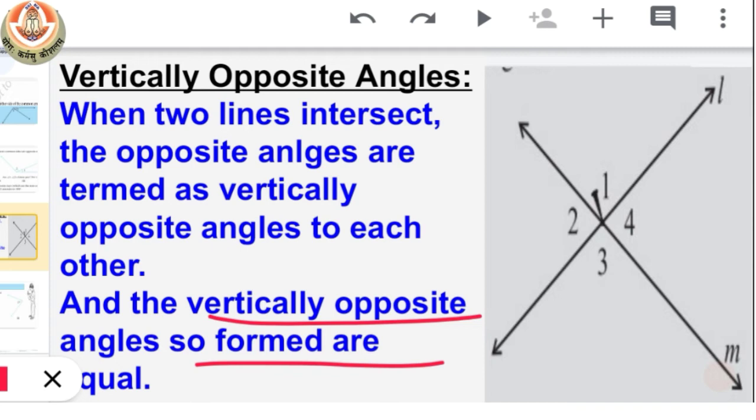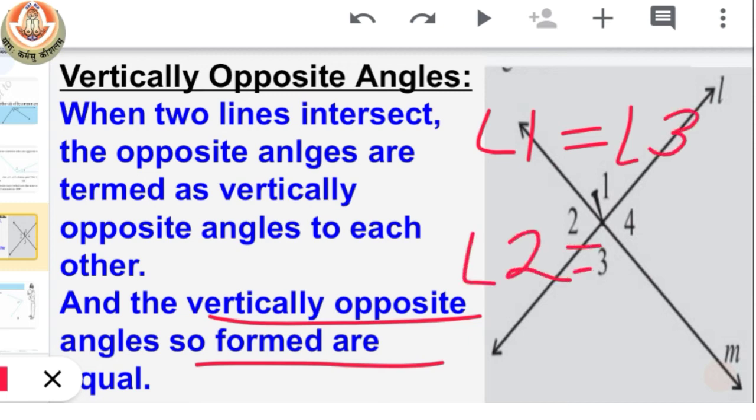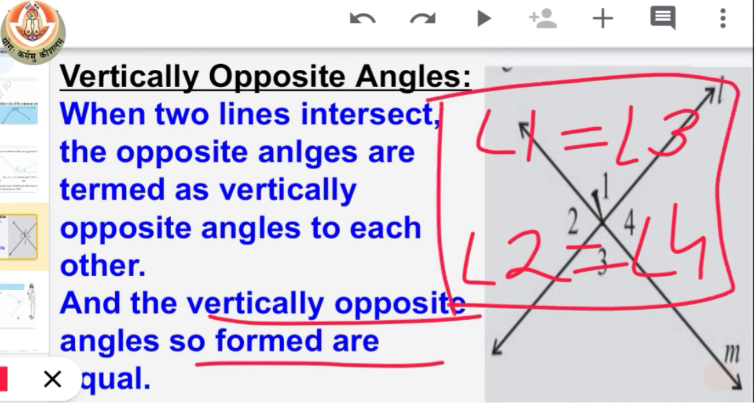So we can say that angle 1 equals angle 3. Similarly, angle 2 equals angle 4. Okay. This is a very important point: vertically opposite angles are equal to each other.